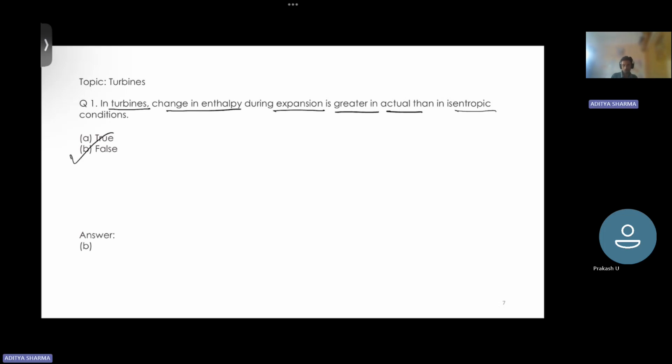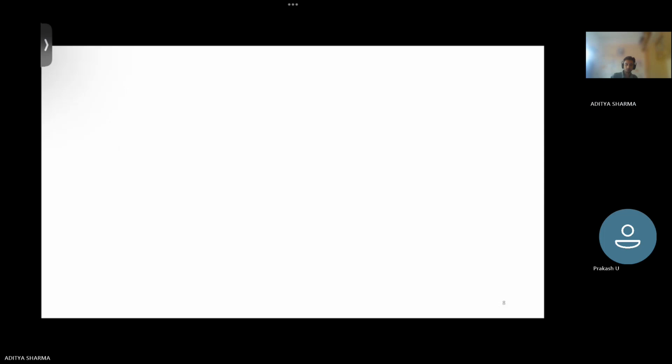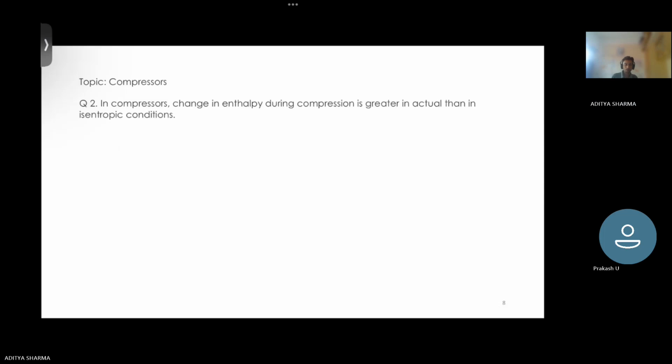Okay, so now we will move on to the next question. This question is on compressors. Again, the same type of question. In compressors, change in enthalpy during compression is greater in actual than in isentropic conditions.